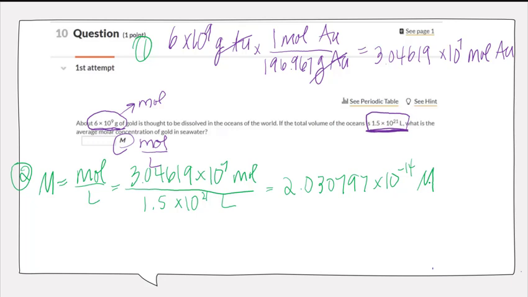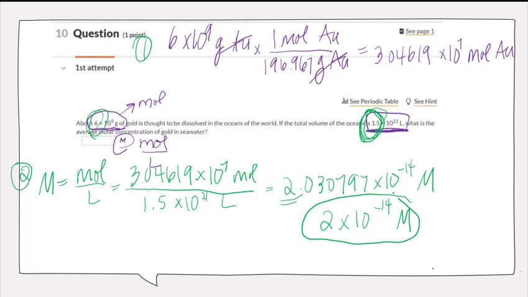I'm going to look back and let's look at significant figures here. I started with 2 significant figures for the volume and just 1 significant figure for the mass. So we're going to end with 1 significant figure. So we're just going to finish that with 2 times 10 to the negative 14th molar concentration.